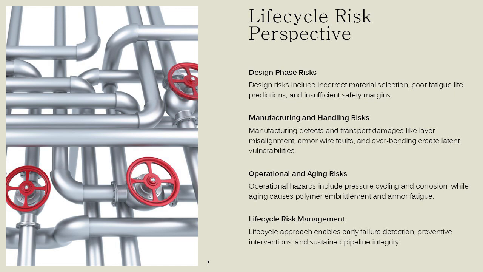Transportation and handling pose risks of overbending, crushing, and sheath damage, while installation challenges include exceeding minimum bend radius, MBR, dynamic loads, and soil interaction uncertainties. Operational risks involve pressure-temperature cycling, slug flow, and external interference, all of which accelerate degradation mechanisms like corrosion and creep. Aging further compounds these risks through polymer embrittlement and armor fatigue.